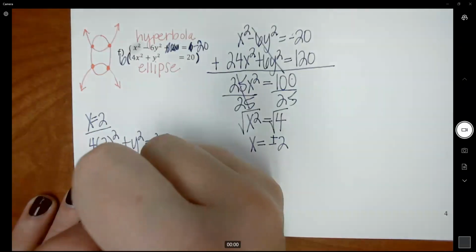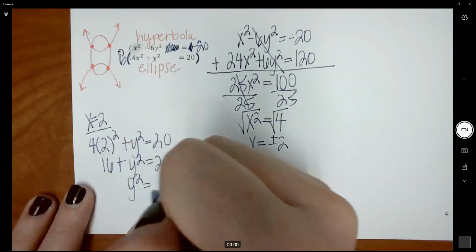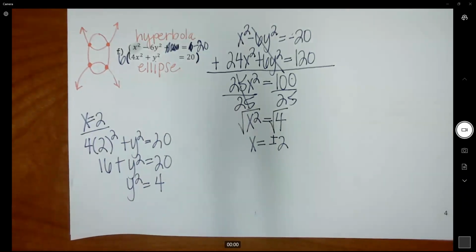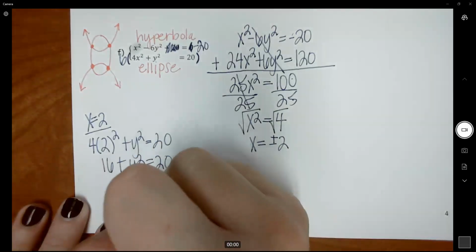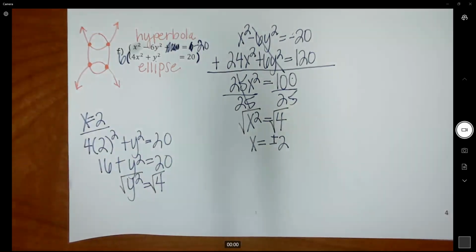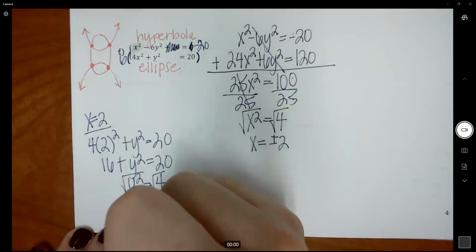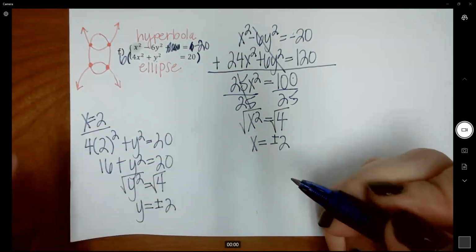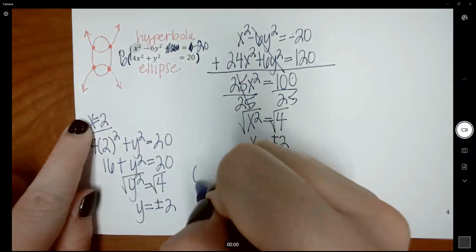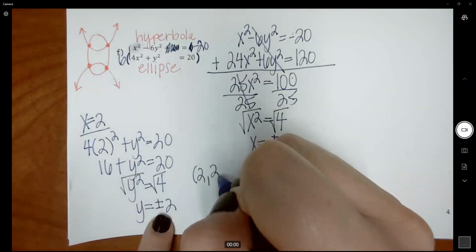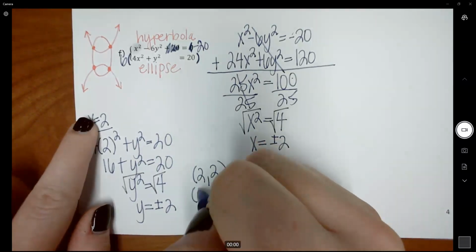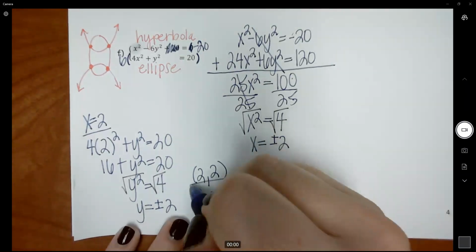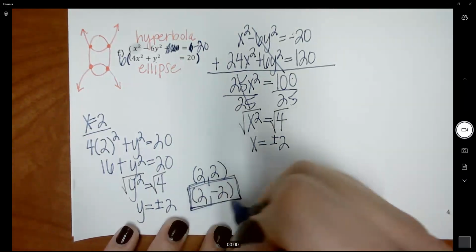Subtract your 16 over. And so to get rid of that squared, again, the opposite of squaring is square root. And so we get y equals plus or minus 2. So when x is 2, y can be 2. And when x is 2, y is also negative 2. So I get 2 solutions here when x is 2.